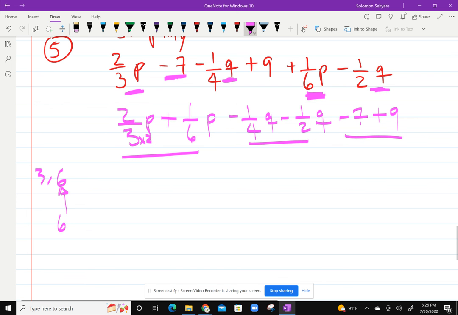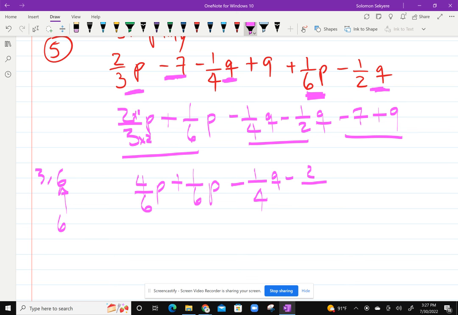So it becomes 4 over 6p plus 1 over 6p minus, we do the same thing over here, 1 over 4q, minus 2 over 4. 1 half is the same as 2 over 4q. We change everything to the same denominator. And then minus 7 plus 9 is positive 2.